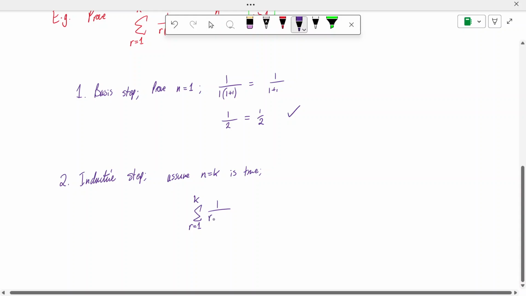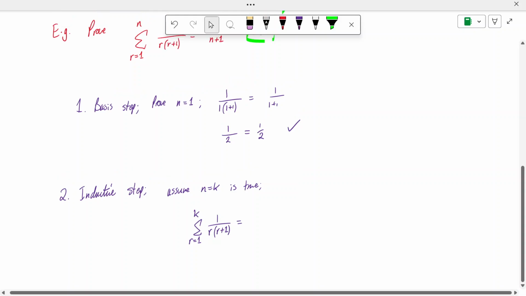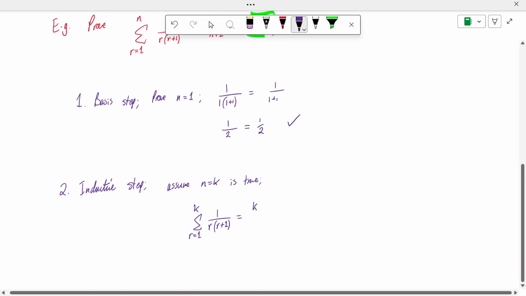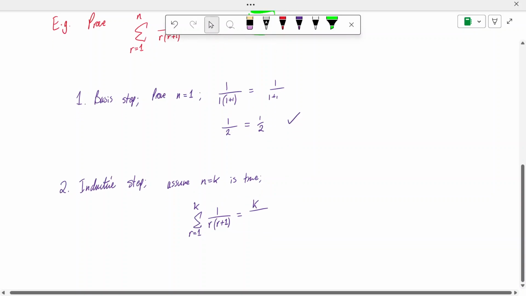Anything other than n still remains. This is a really important point.